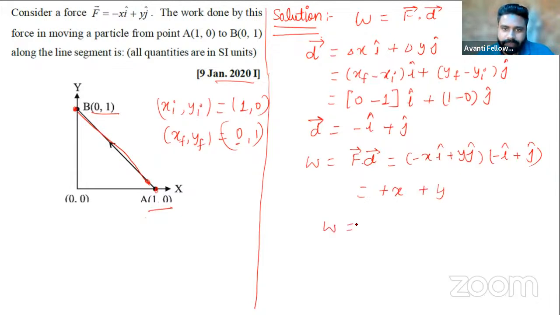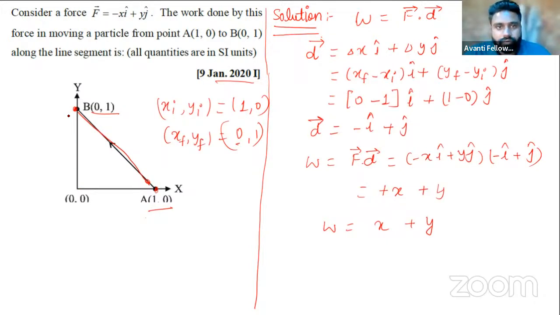So work done we have as x plus y. Now, one thing that we are provided here with is that the x coordinate varies from 0 to 1 and the y coordinate is also varying from 0 to 1.